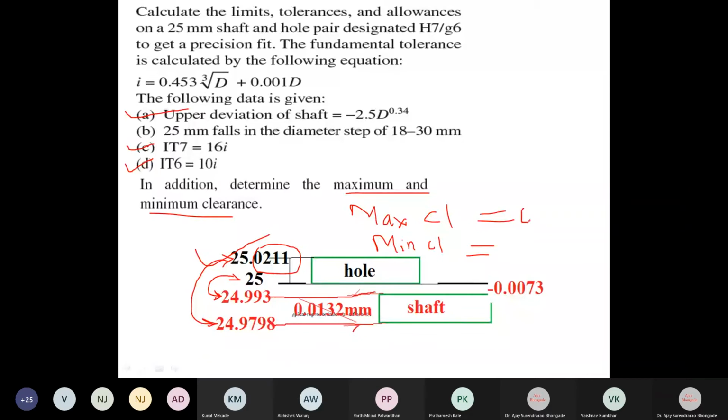So it is how much? 0.04. Can you tell me the exact answer? 0.0413. Similarly, this lower deviation is the minimum clearance, 0.0073. This particular part is nothing but the minimum clearance, right?